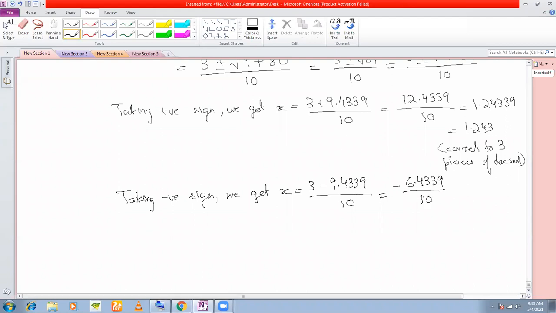And again, since it is divided by 10, you just shift one decimal place to the left to get minus 0.64339. And since you need your answer up till 3 places of decimal, you can write this as minus 0.643 correct to 3 places of decimal. Okay, that's it. That finishes all your problems of this exercise.